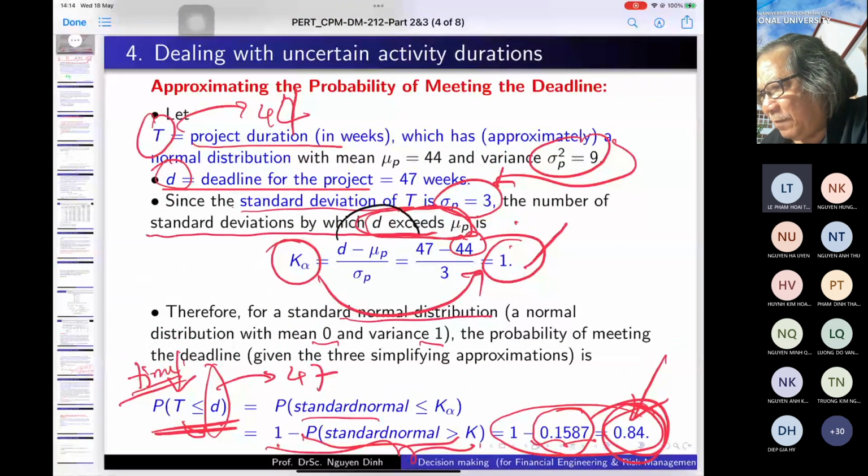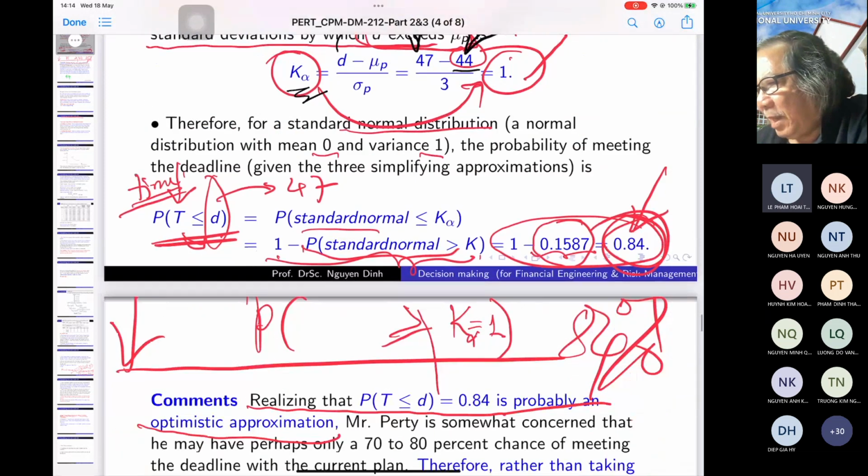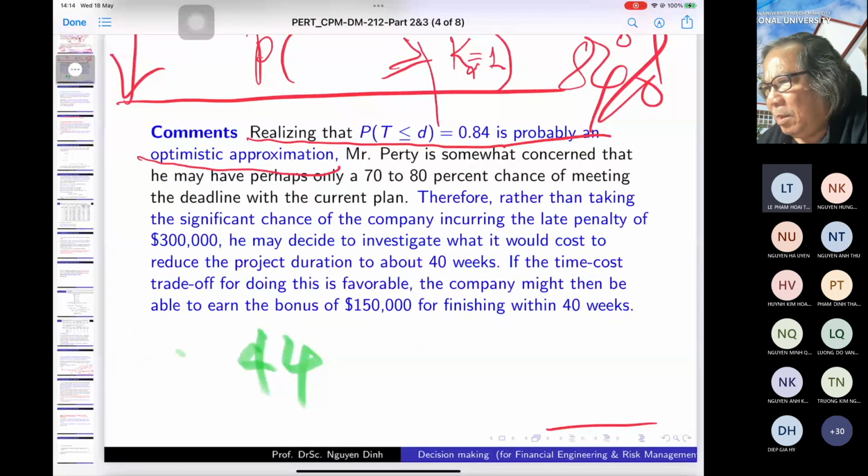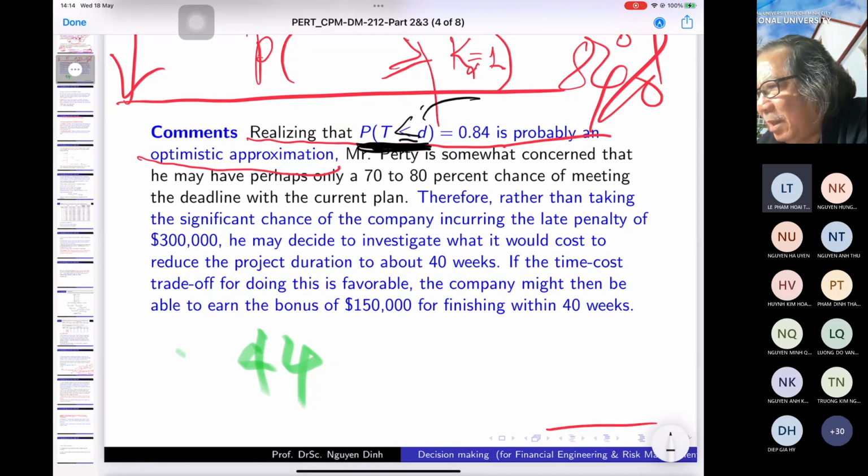D is the deadline, 47, and the mean, the critical path length, is 44. And then you have K alpha, and then after all, you find out the probability that Mr. Purdy can finish the work within 47 weeks is 0.84.